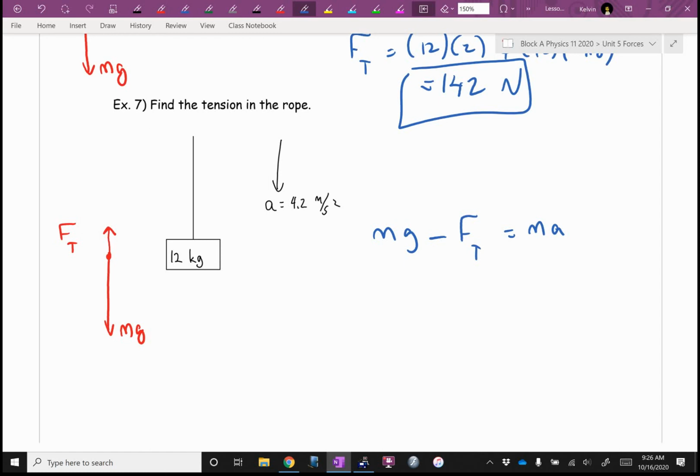In fact, that is giving me tension. Wait a minute. Couldn't I plus it to that side? And now it's positive. But that would give me MA plus FT, and that doesn't get the FT by itself. How would I move the MA over?